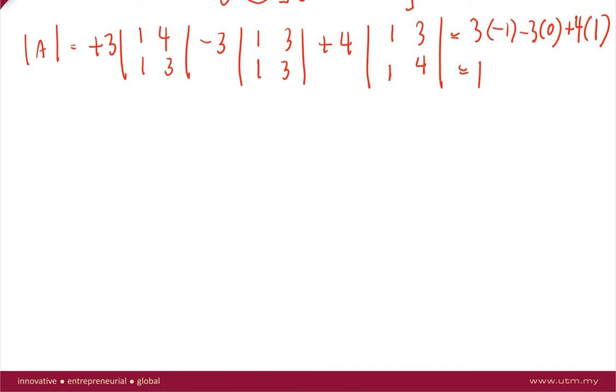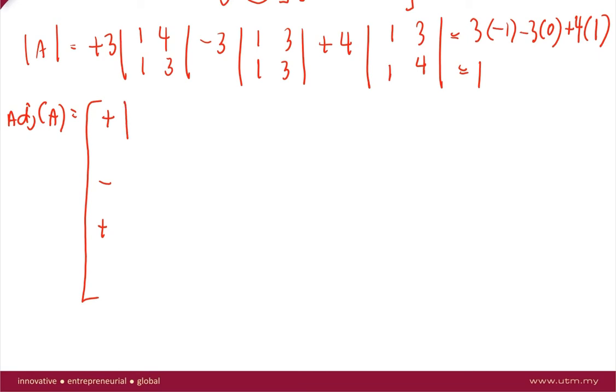Okay, after you find the determinant, you need to find the adjoint A. Do you still remember how to find adjoint A? Adjoint A is the cofactor transform. We start with plus, minus, plus first.